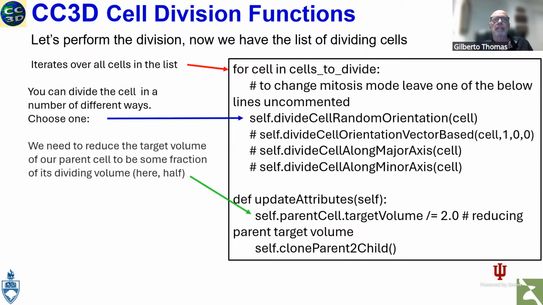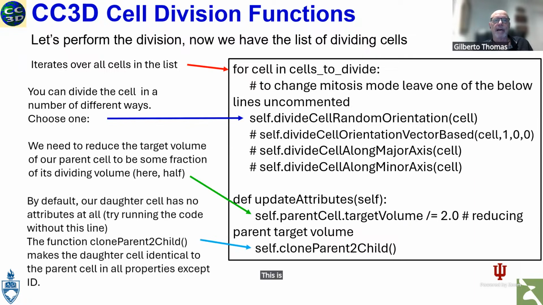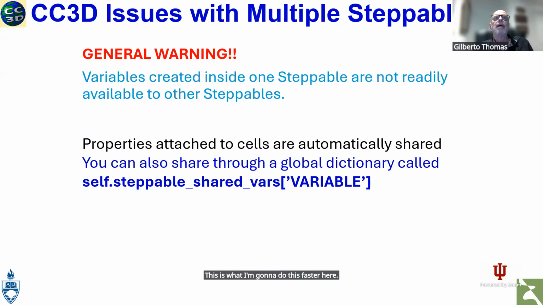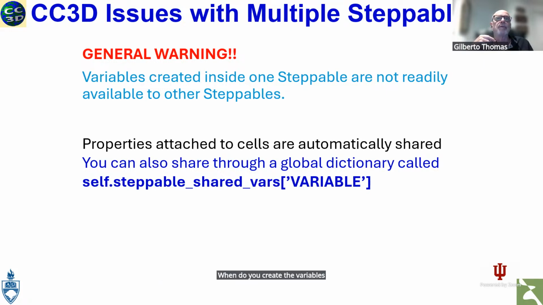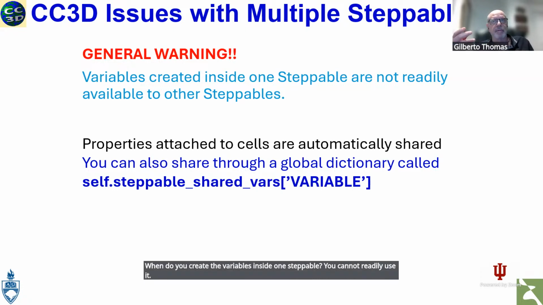Okay, this is what I'm going to do a little bit faster here. Well, one thing, this is a general warning that I remember to comment with you. When you create variables inside one steppable, you cannot readily use them in another steppable.